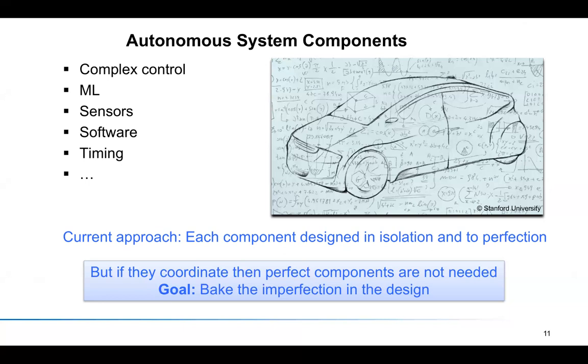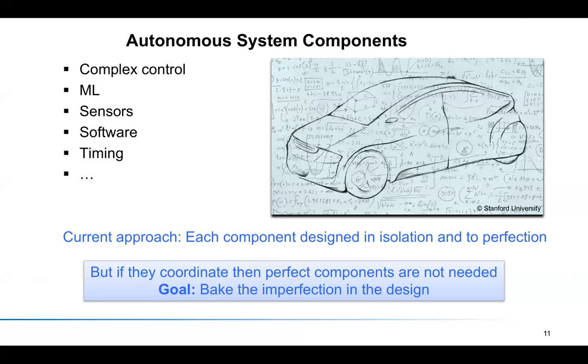So the position that we are trying to take is that there is really no need for each of these components to be perfect. For example, if the machine learning components are not doing perfect classification, we can compensate for that inaccuracy by designing the controller appropriately.